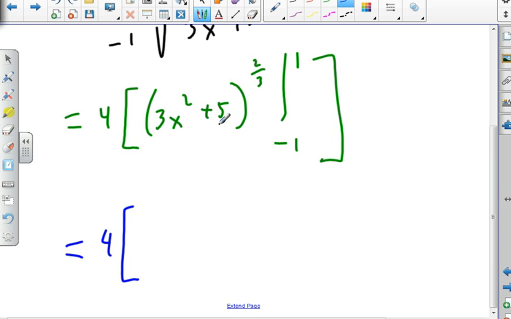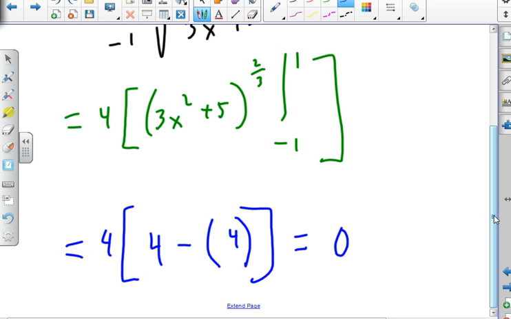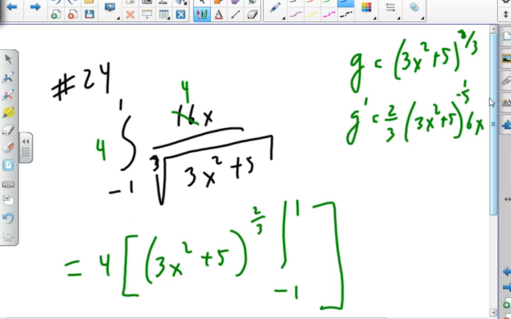The cube root of 8 is 2. 2 squared is 4. Minus, I put in a minus 1, and I square it, and I get the same thing, and then I end up with this thing being 0. Now, could I have predicted that by just looking at the problem? I'm not so sure.